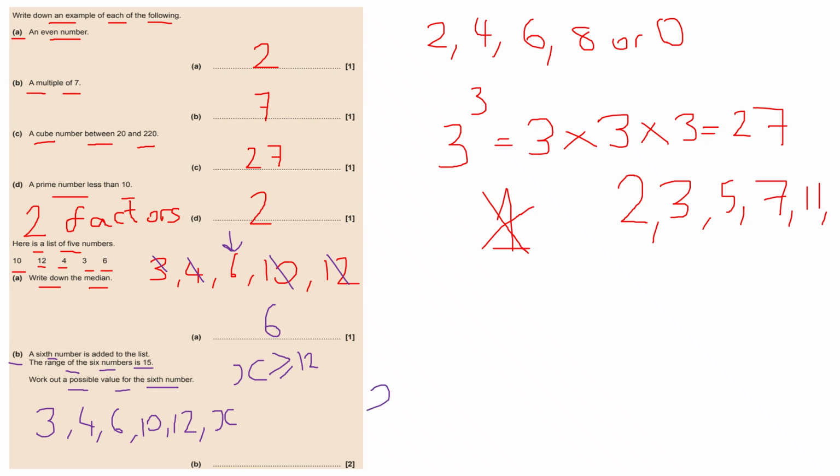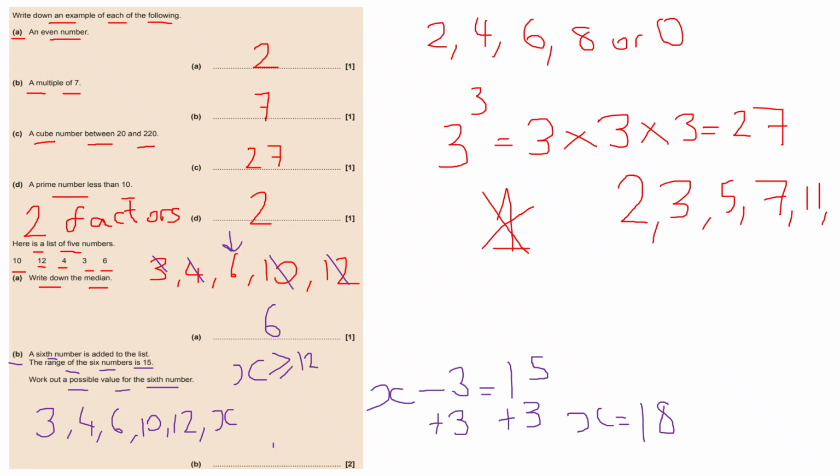So we're going to do X take away 3 is equal to 15. I'm going to add 3 to both sides because this is my 6th number. So we have X is equal to 18. So 18 is a possible value.